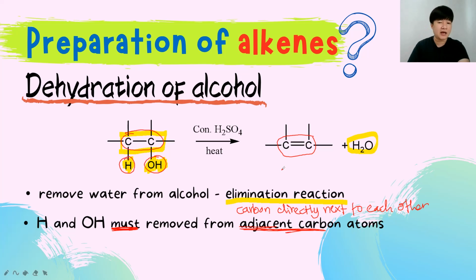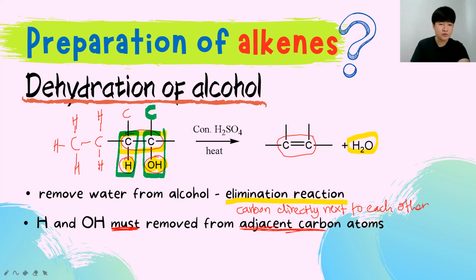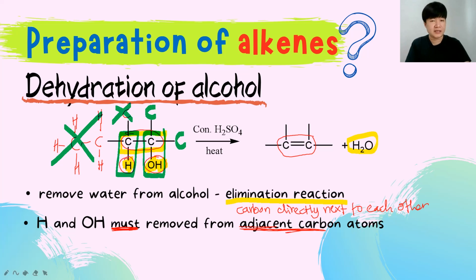Only the neighboring carbon. We are not going to talk about the rest of the carbons back here. We will ignore all this. We only focus on one thing: the carbon that is holding the OH and also the carbon next to it. Just directly next to it. This one also can, this one also can, but not the rest of this. We are going to ignore all this. Bear that in mind. That is what we mean by adjacent carbon, the carbon directly next to each other.